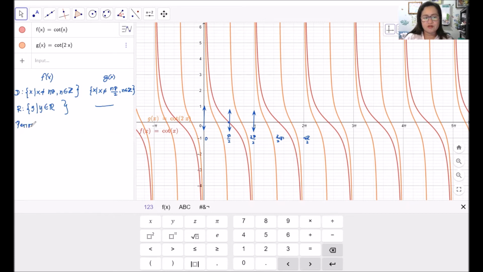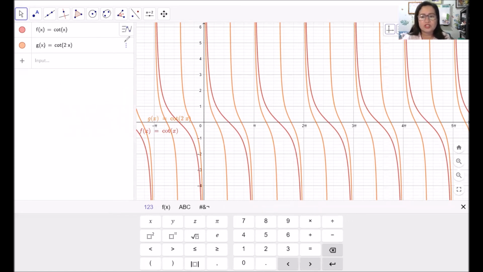As you can see, we have 2 complete cycles in the interval 0 to pi. Therefore, in g of x, we will have pi over 2 as the period. There is no vertical shift or horizontal shift yet. So changing the value of c will also affect the domain and the period of the function.